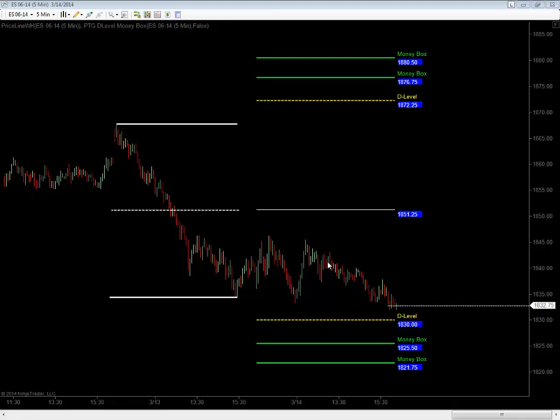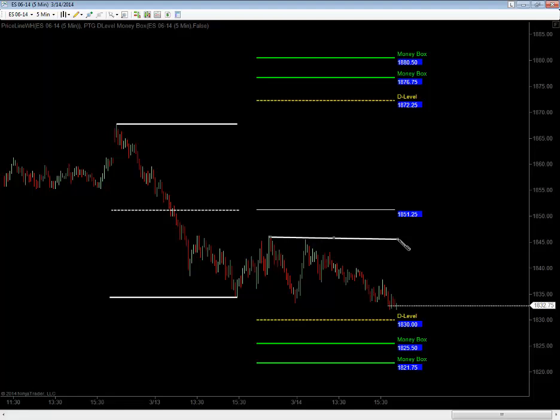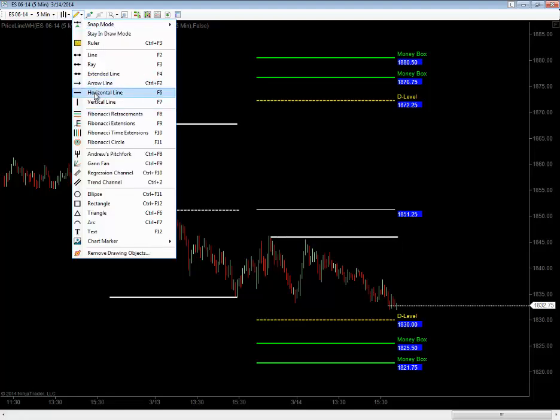But if you want to plan for the next day, let's take a look at this session's range, the high here and the low here.